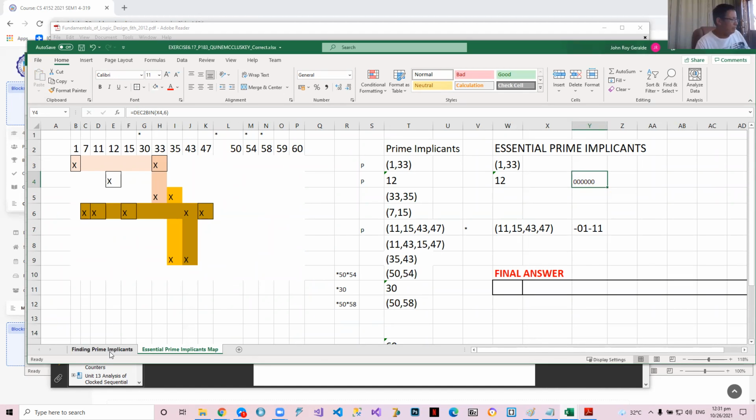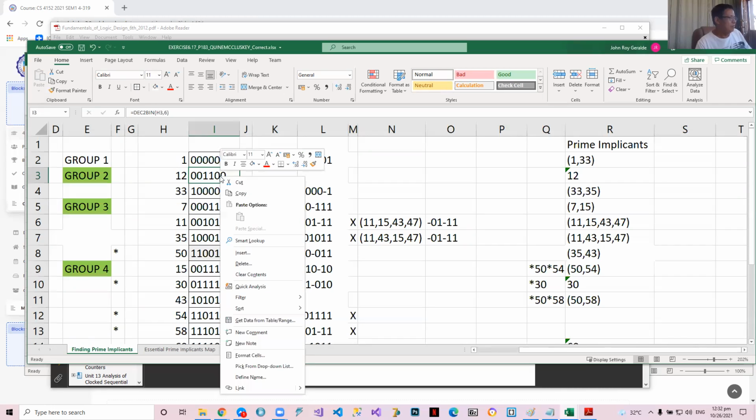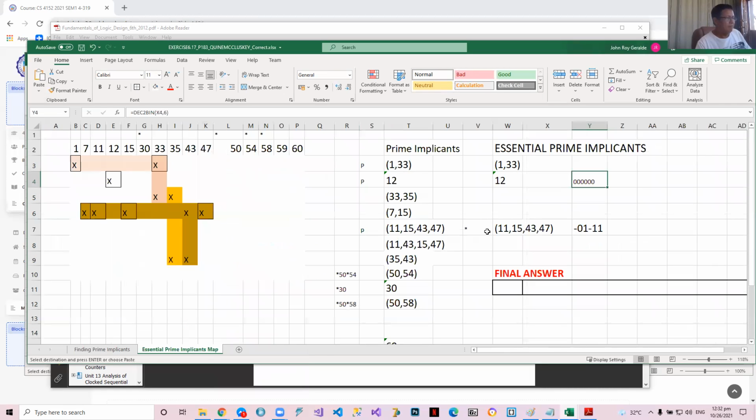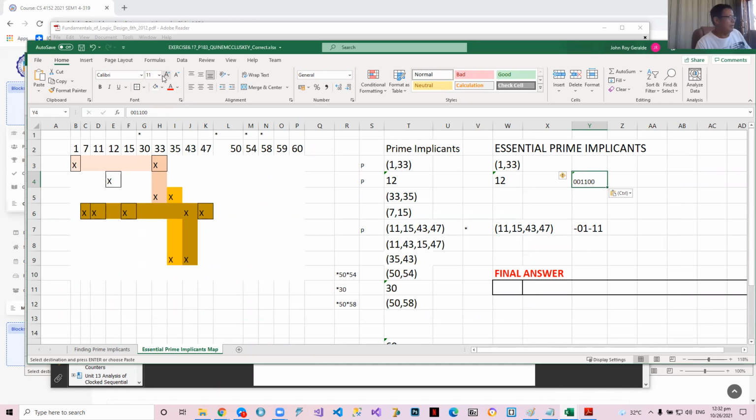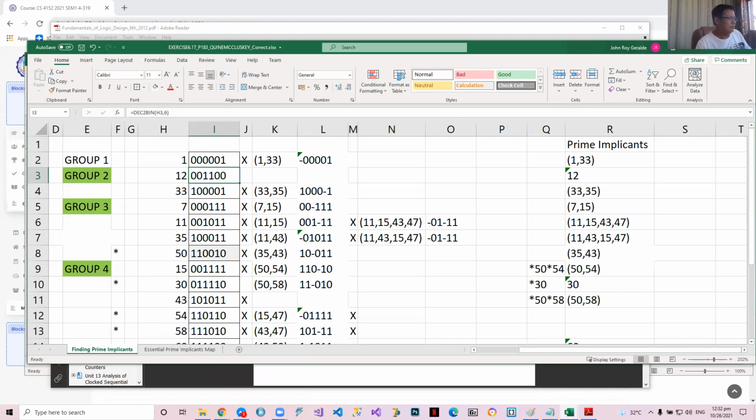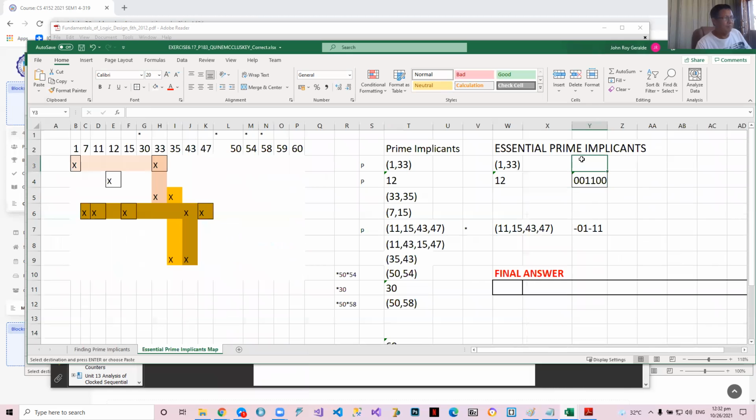No, what's 12? Okay, we'll make this 18. Okay, and what's 133? 133 is this.